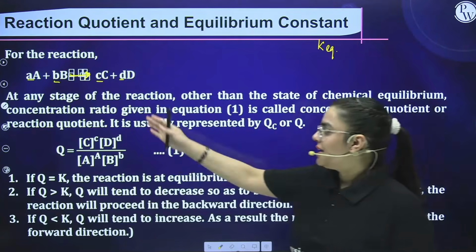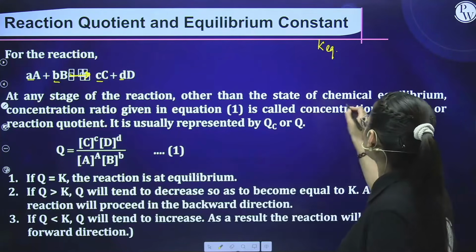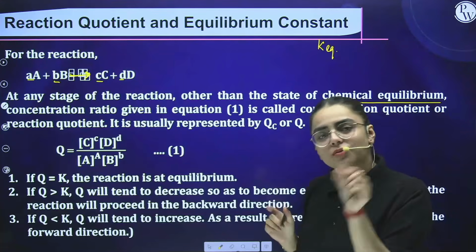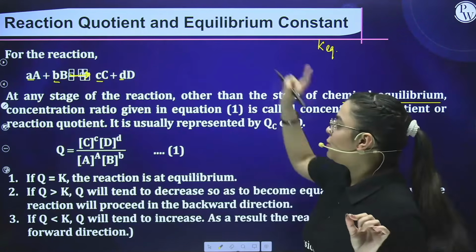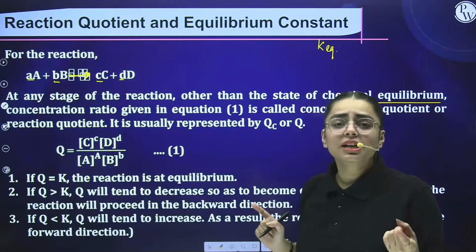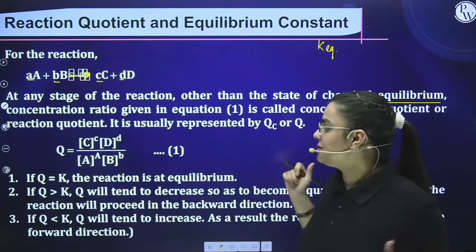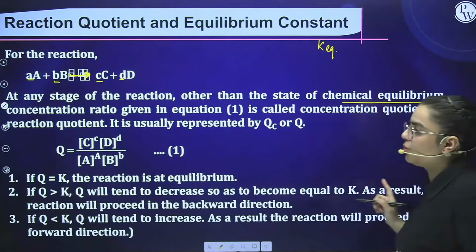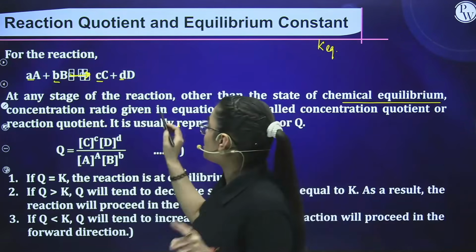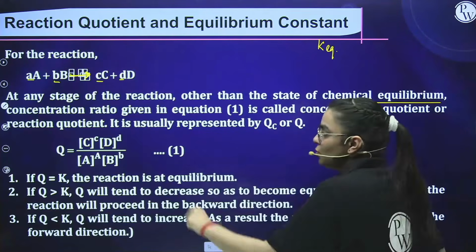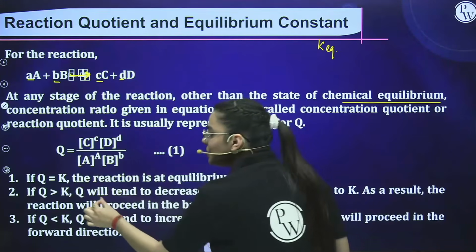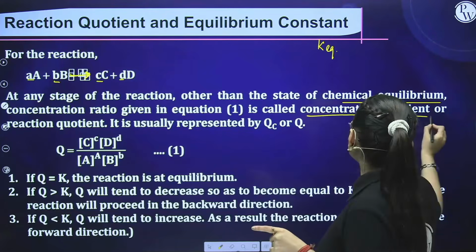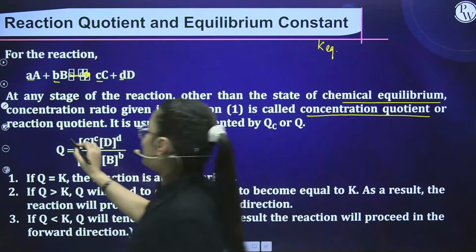At any stage of the reaction other than the state of chemical equilibrium, the concentration ratio given in the equation, which is the product concentration divided by the reactant concentration, the active masses, is called concentration quotient or reaction quotient.